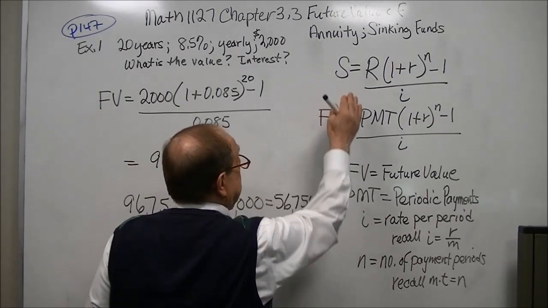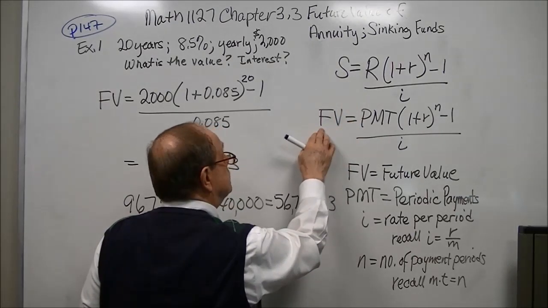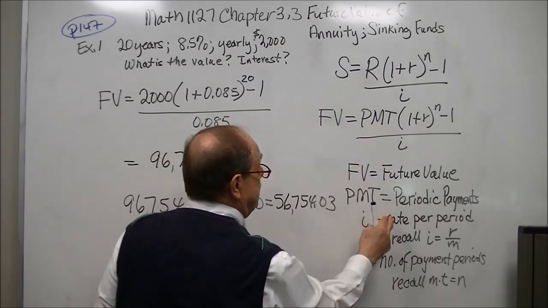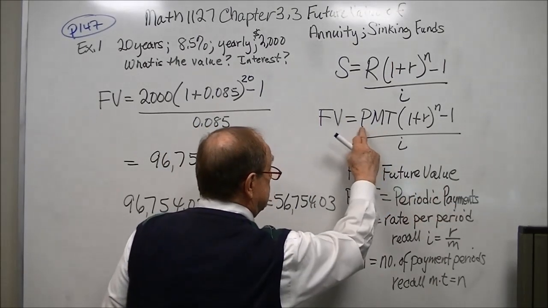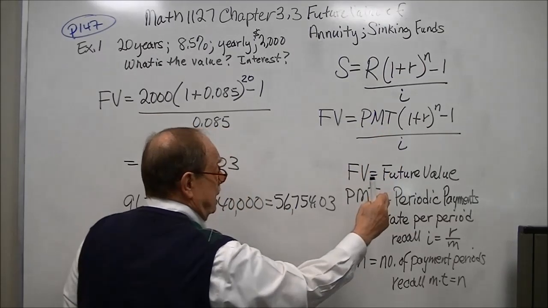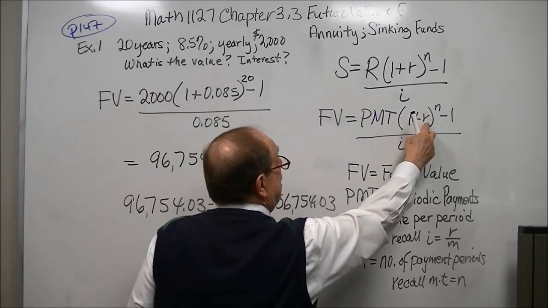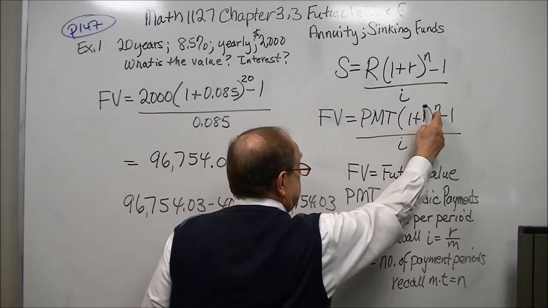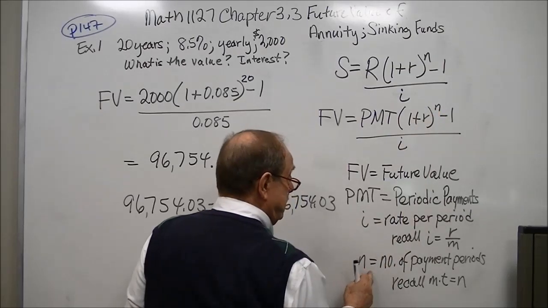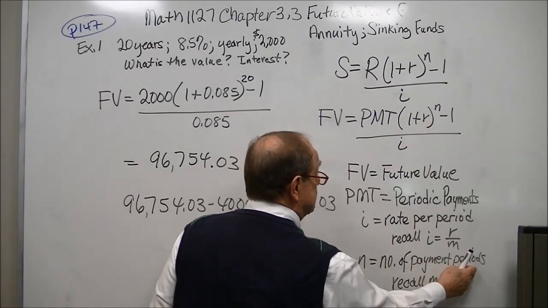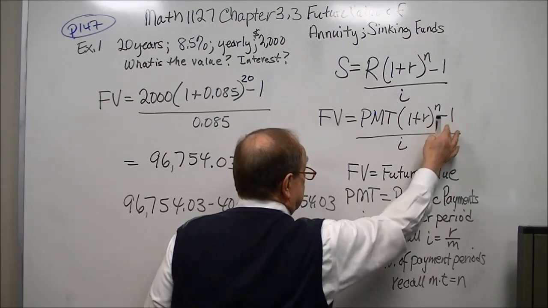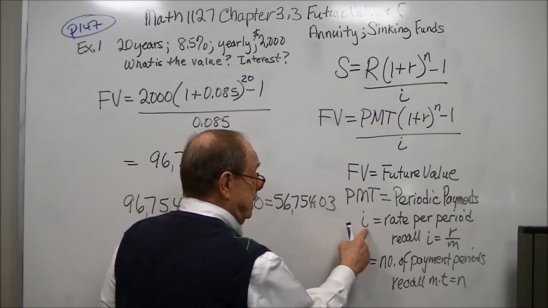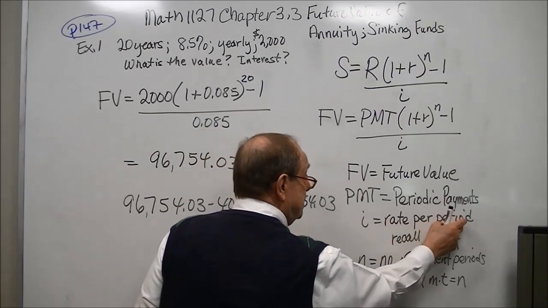But basically, it ends up this, which is future value is equal to the periodic payments, and then 1 plus R, R is the rate, raised to the N, number of payment periods, and then minus 1, all divided by I, which is the rate per period.